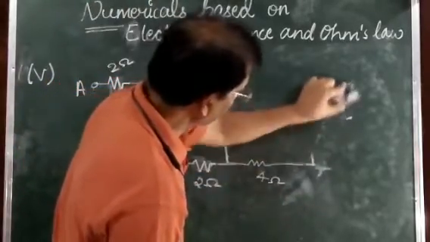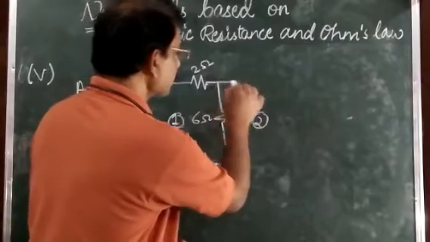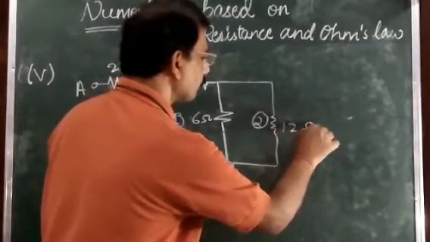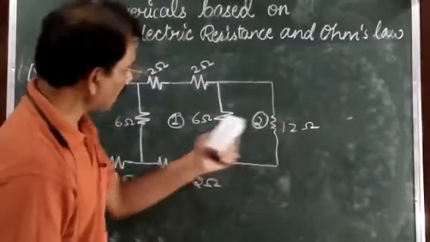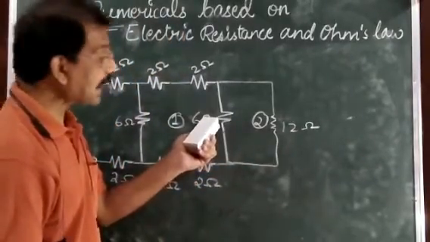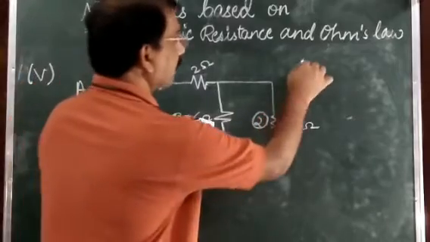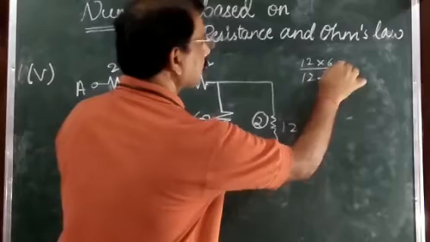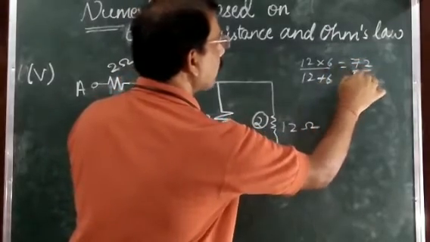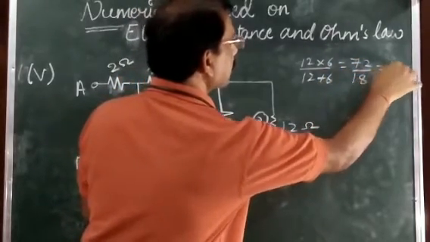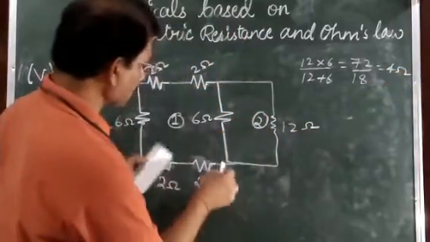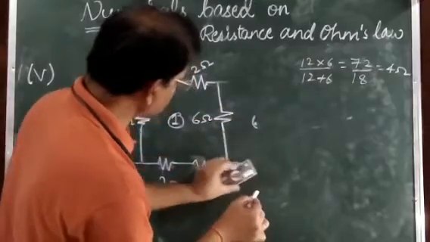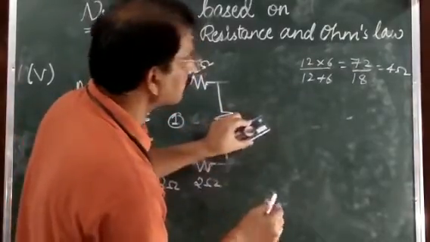Their equivalent you can put here a single resistance of 12 ohm. Now 12 ohm and 6 ohm both are in parallel. Their equivalent you can find 12 into 6 upon 12 plus 6. It means 72 upon 18, and you will get here 4 ohm. It means at the place of this 12 ohm and 6 ohm, you can put a single resistance of 4 ohm.